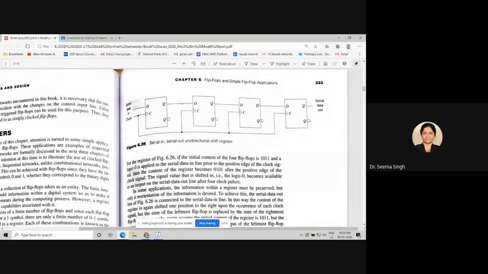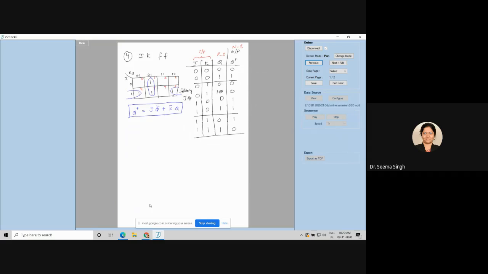Okay. So now when you are storing certain information, you are also required to transfer it. You are required to transfer your data out of your memory in certain ways.